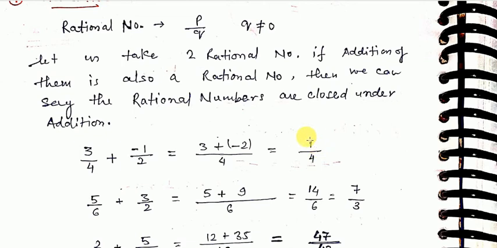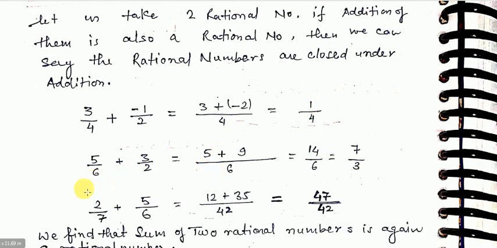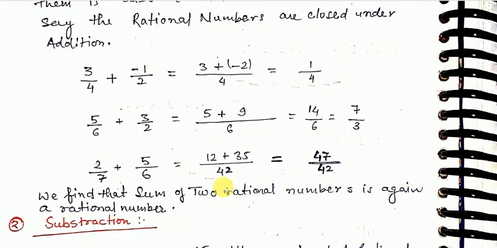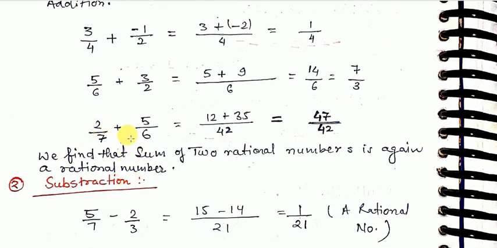So here 1 by 4 is a rational number. Similarly, 5 by 6 and 3 by 2, these two are rational numbers and their addition comes out to be 7 by 3, which is also a rational number. Similarly, we can check these examples too. We find that the sum of two rational numbers is again a rational number. What does it mean? It means rational numbers are closed under addition operation.